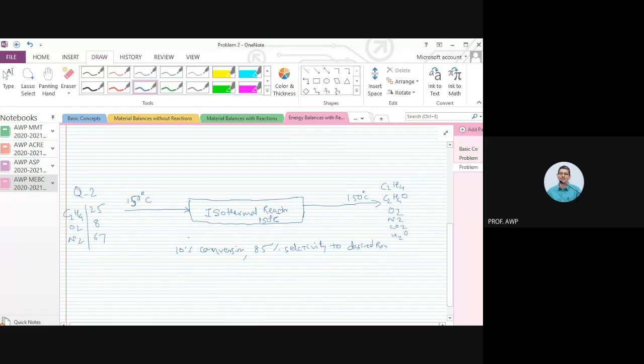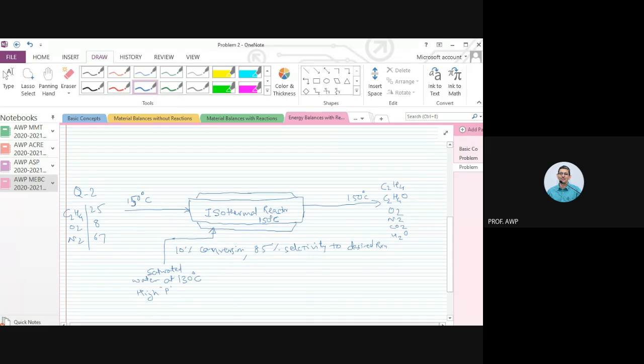So that heat I remove by having a jacket outside the reactor. In this jacket, I will supply saturated water at 130 degrees centigrade. Means it will be at a higher pressure.